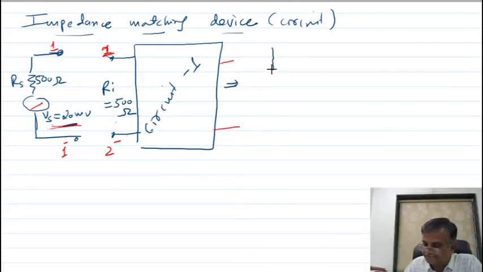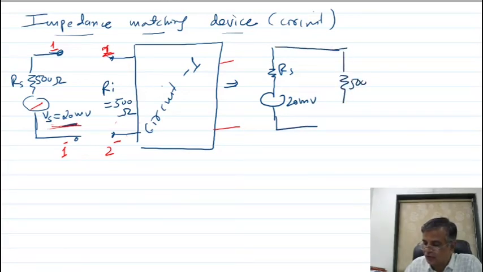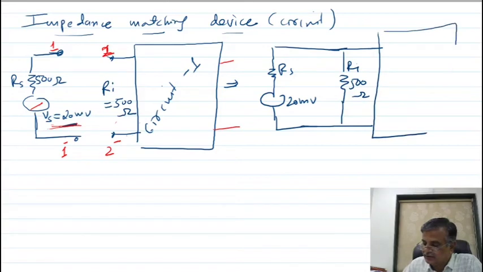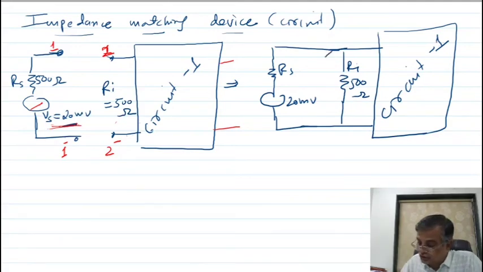This is Rs, and the source is 20 millivolt. And this is the 500 ohm input resistance of circuit 1, which I am connecting. This is your input voltage Vi.